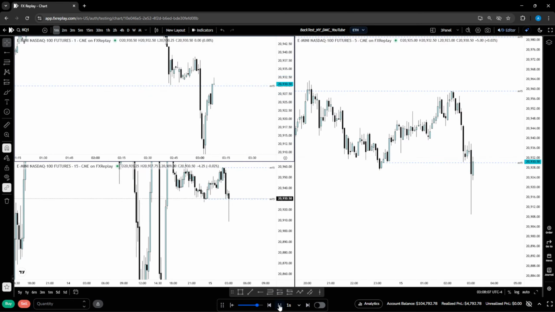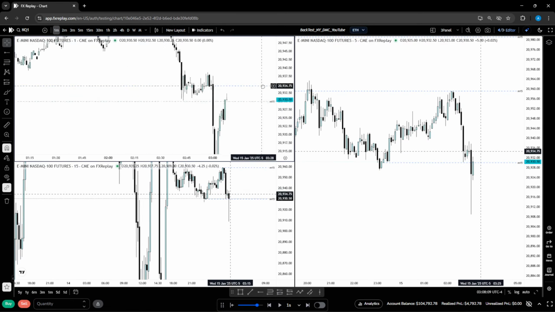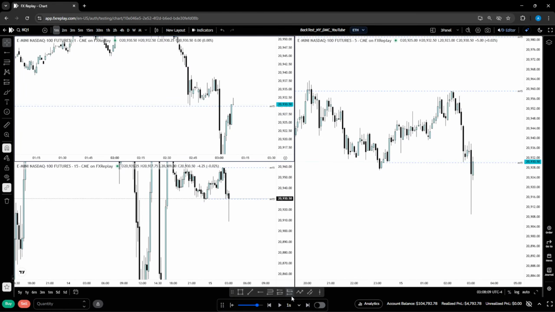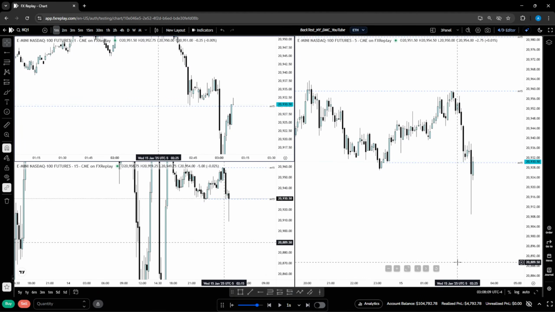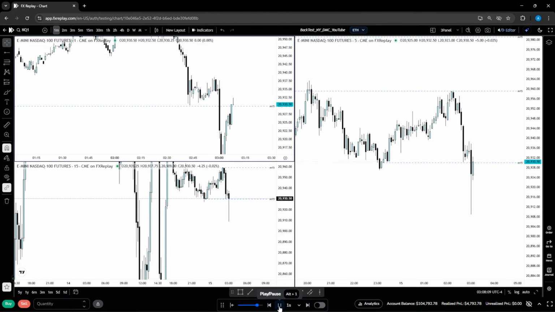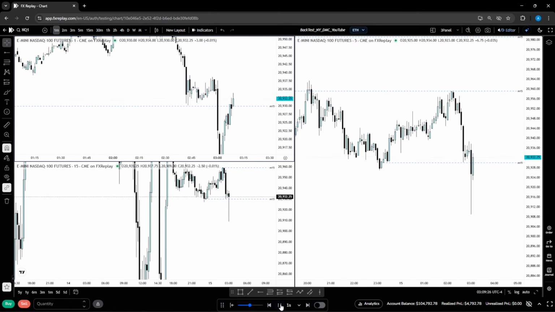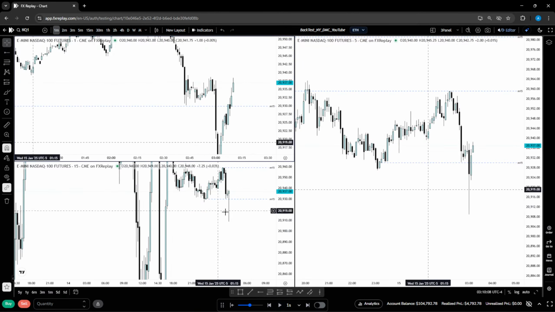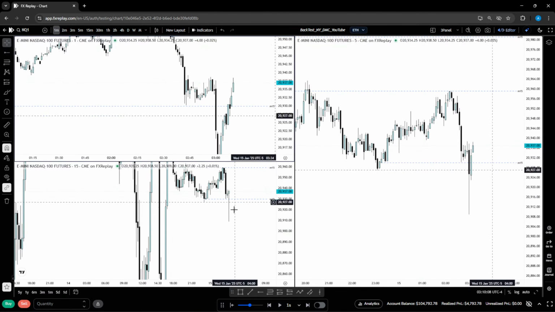Now looking here in the 1 minute to see if I can find the reason to go short, continue lower. Slow it down a little bit. So in 15 minutes, it's potentially a failure.